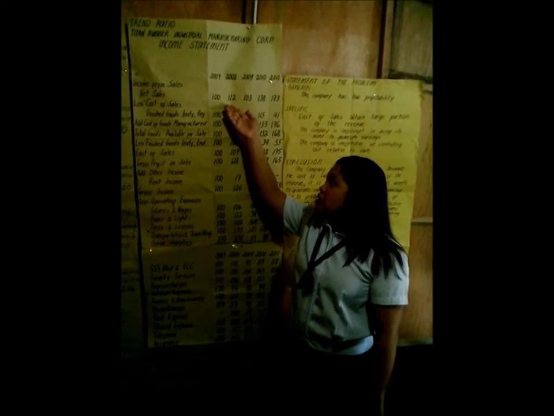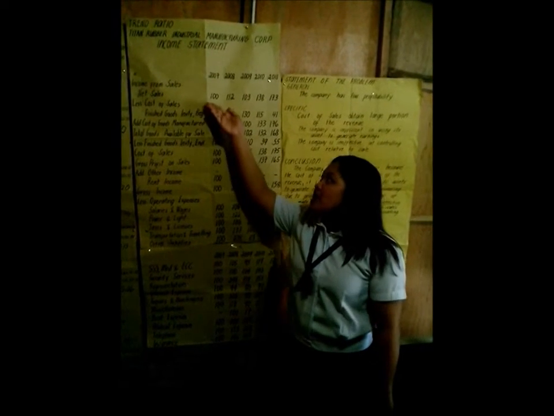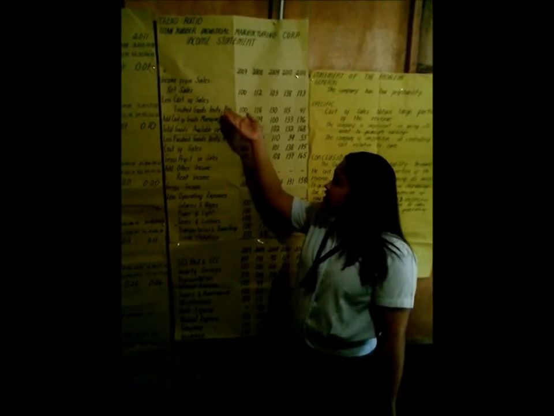Since operating expenses are also increasing, it causes the net profit to decrease in 2009, but in 2010 and 2011, there is a sudden decrease in its operating expenses, causing the net profit to rise.